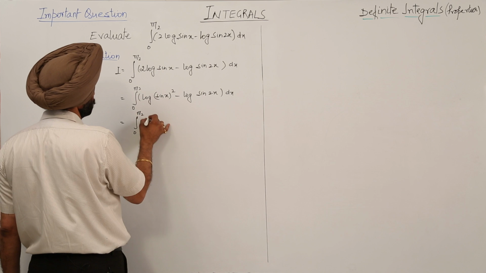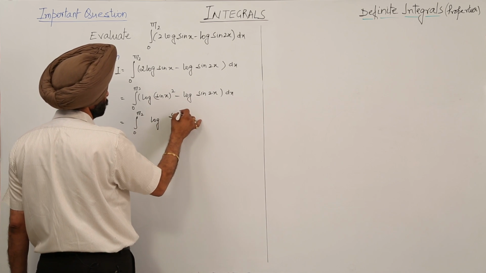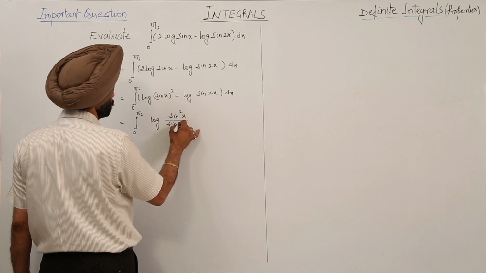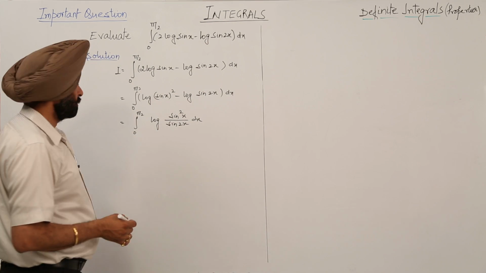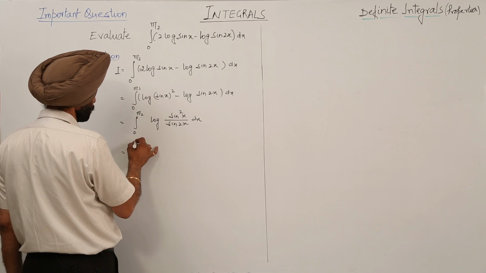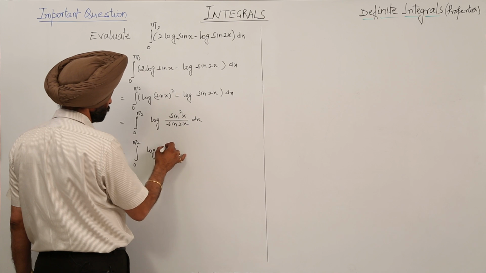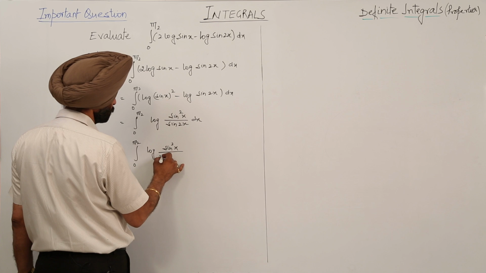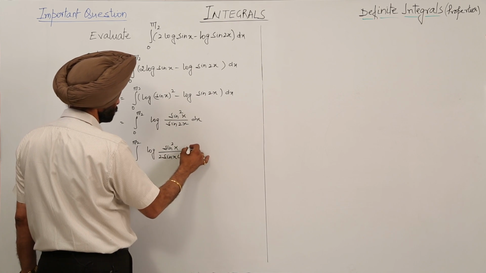0 to pi by 2 log of sin square x upon sin 2x dx. Again, property of logarithm. 0 to pi by 2 log of sin square x upon 2 sin x cos x dx.